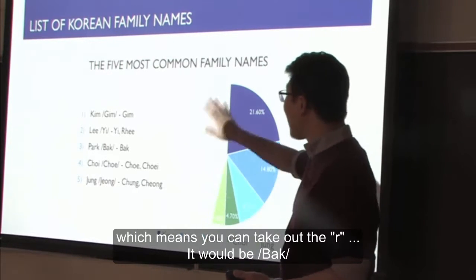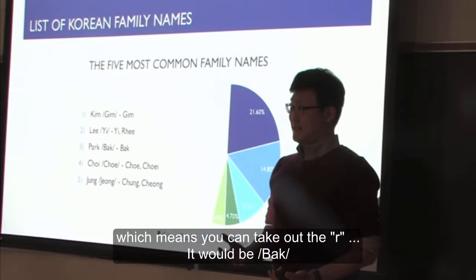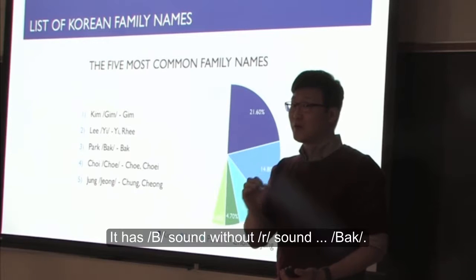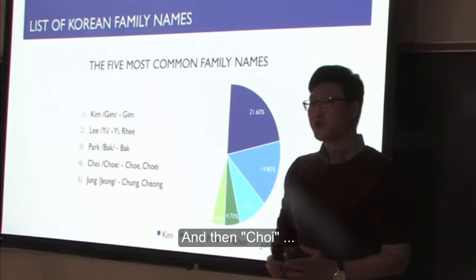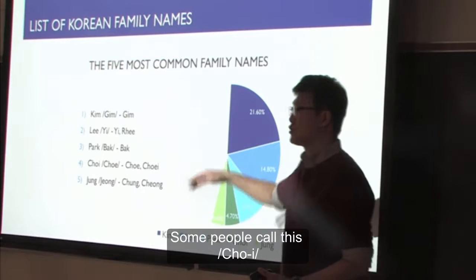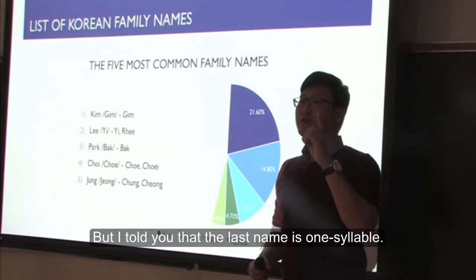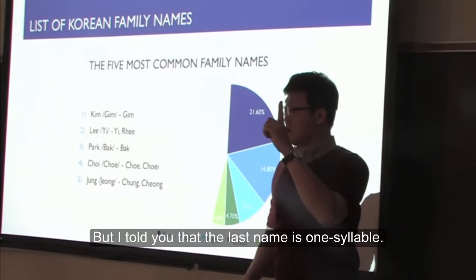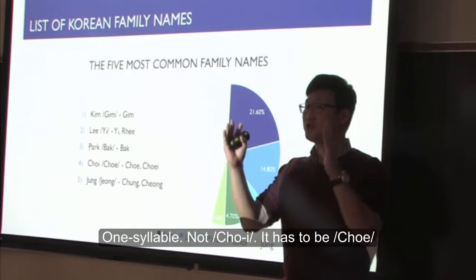So you can take out the R and it might be Pak. Yes, a B sound without the R sound. Pak. And then Che, some people call this Choi, but I told you that the last name is 1 syllable, it has to be 1 syllable, not Choi, it has to be Che.